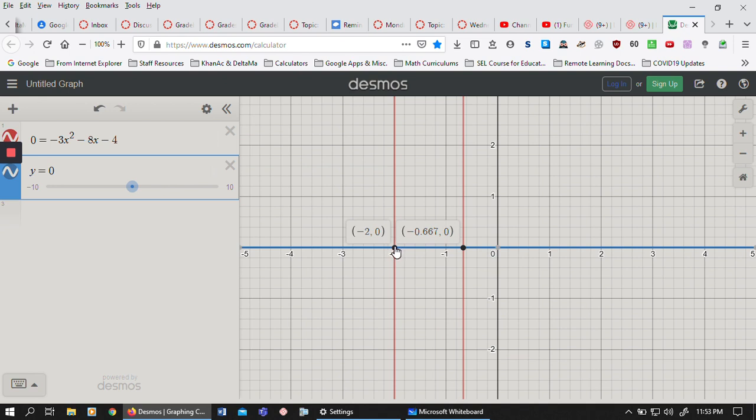These are the exact same two solutions that we just now found, negative 2 and negative 2/3. Of course, they've got negative 2/3 written as a decimal, negative 0.6 repeating. But they're the same two answers.